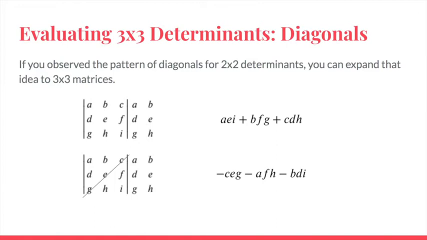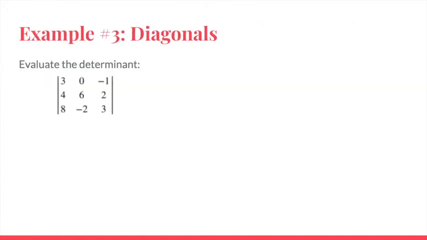The primary diagonals that start at the top left and go down, those we add. Here is an example that we can work on the document camera for evaluating 3 by 3 determinants with diagonals.